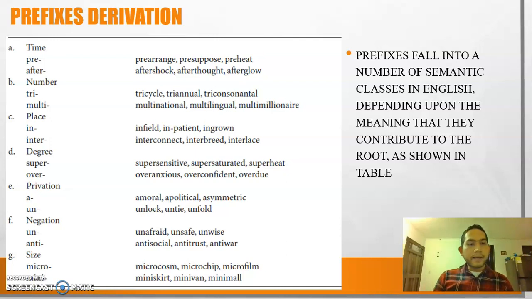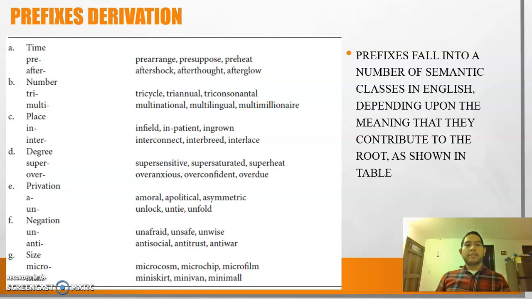For example, time, number, place, degree, privation, negation, and size. Let's start with time. If you add the prefix pre and after, now the word changes. For example, in prearrange and aftershock, that means a time in which the word happens.